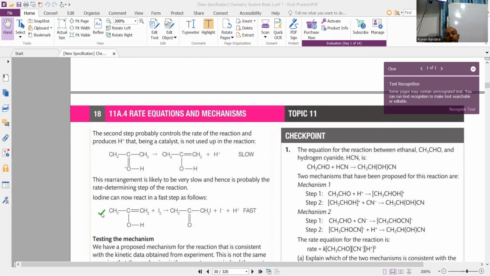Where the iodine is there, the reaction becomes fast, because there is only one slow step. The first step is fast, the second step is slow, and the last one is fast.